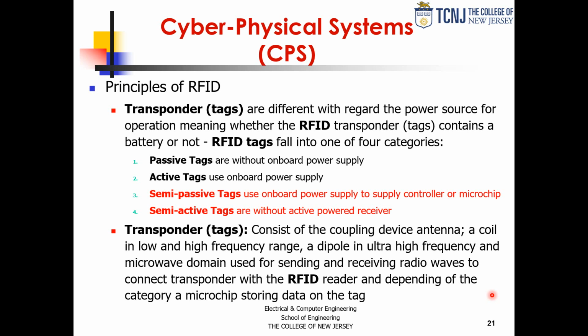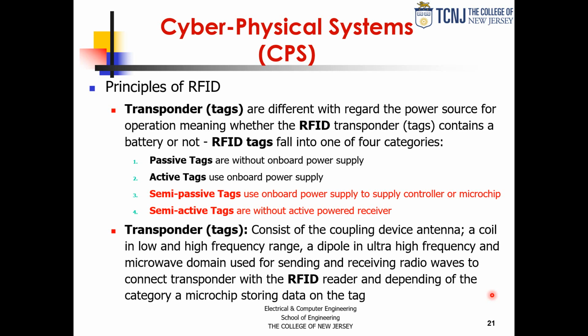For example, you would power this to extend the battery life, okay? And whether they get called semi-passive or semi-active doesn't really mean a whole lot, but the whole idea is that you try to power some part and not the other. So you would power the processor part, but the RF front end, you would leave to be powered from energy harvesting, and you would save battery life that way.